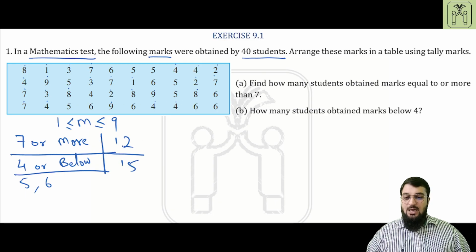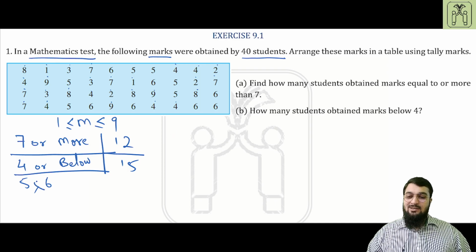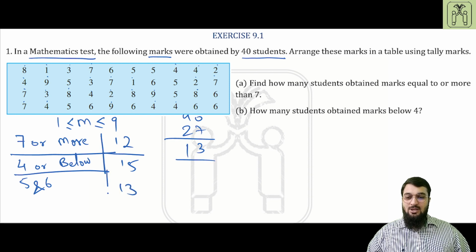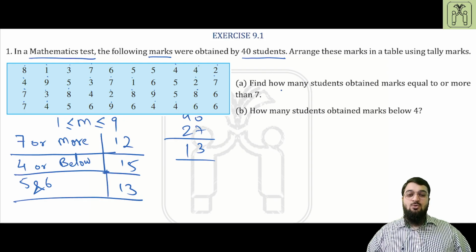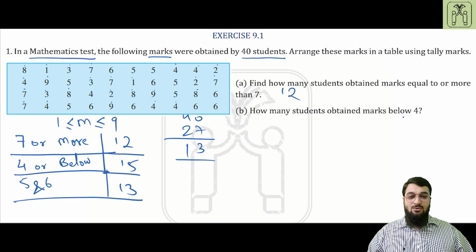It will be 15, and the remaining, 15 plus 12, will give you the 5 and 6 answer. So 12 plus 15 will give you 27. That will be subtracted from 40. That will give you 13. So this is the total organized data of the above raw data. So the answer is 7 or more, that is 12, and 4 or below, that is 15.